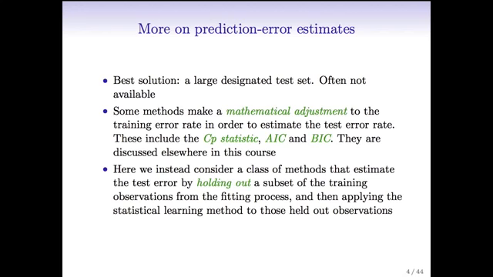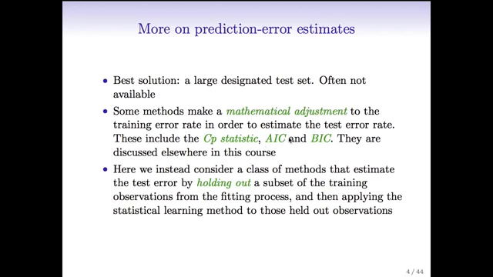Well, there are some ways to get an idea of test error using an adjustment to training error. Basically, training error can be too small, as we've seen in the previous picture. So these methods adjust the training error by increasing it by a factor that involves the amount of fitting that we've done to the data and the variance. These methods include the Cp statistic, the AIC, and the BIC. We'll talk about these later on in the course, not in this section.